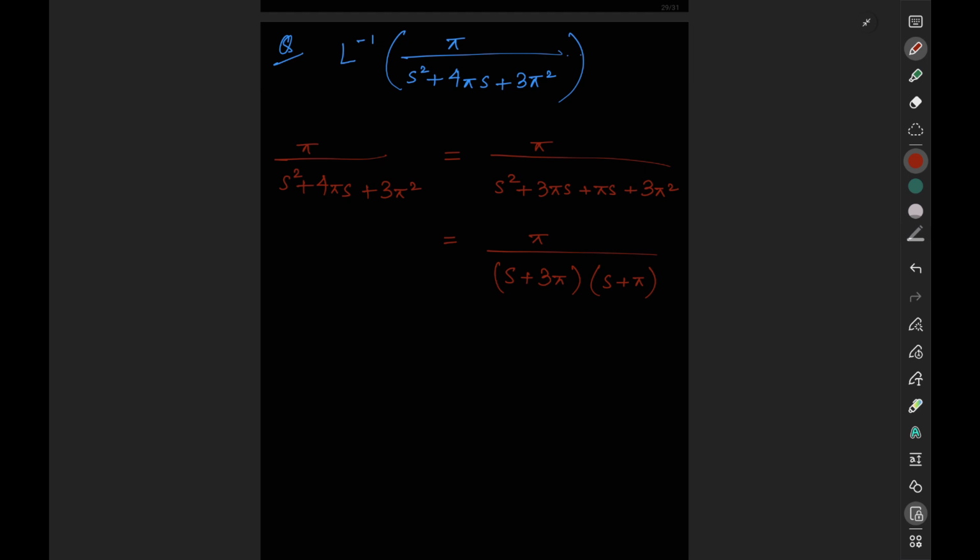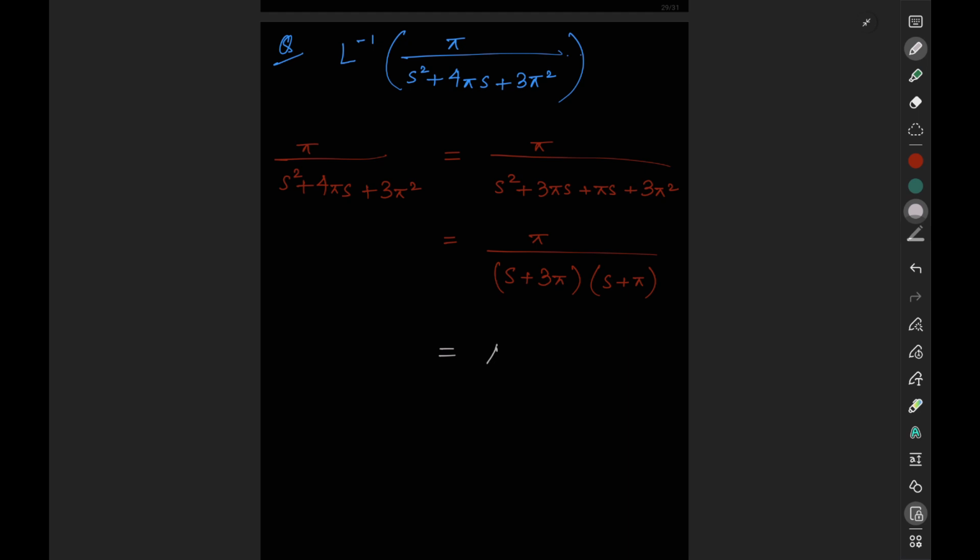Now this pi upon (s plus 3 pi) into (s plus pi), we have to split into two terms so that we can take the inverse of that. To split this into two terms, we need the help of partial fractions. So let's write this in terms of partial fraction.